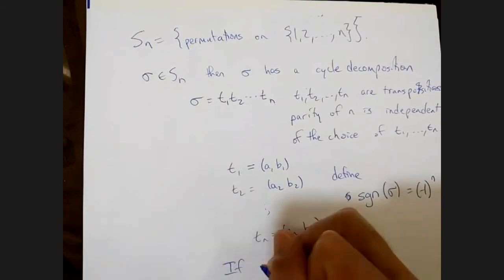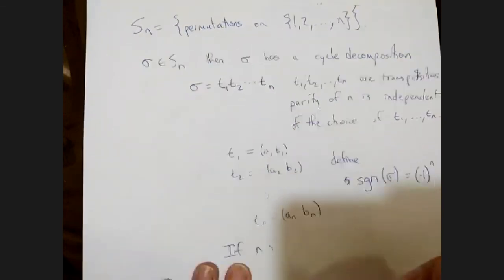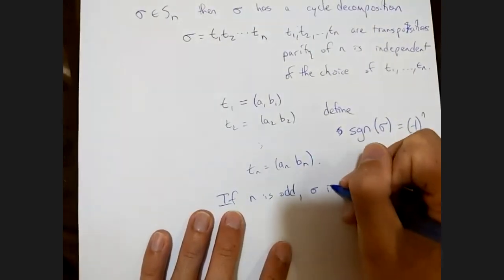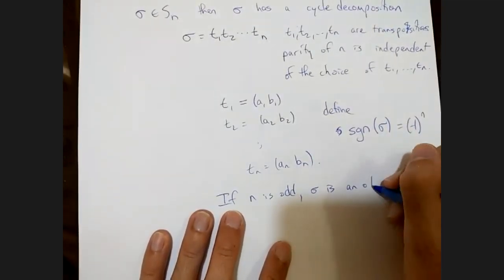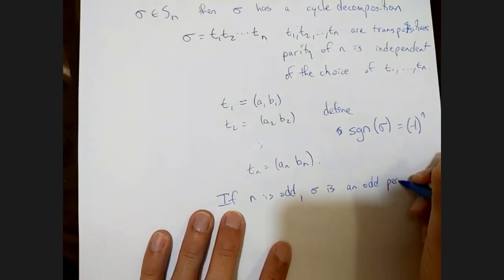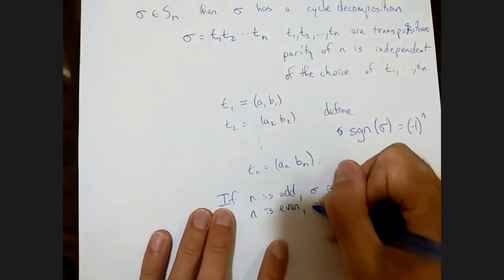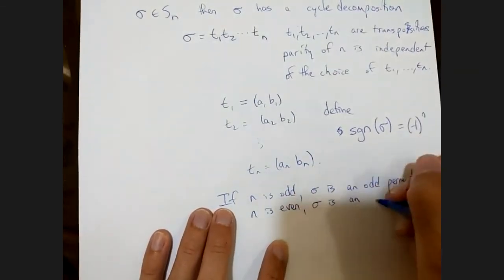So if n is odd, sigma is an odd permutation. If n is even, then we call sigma an even permutation.